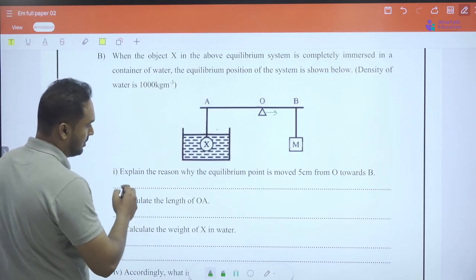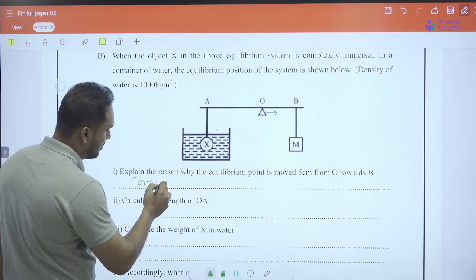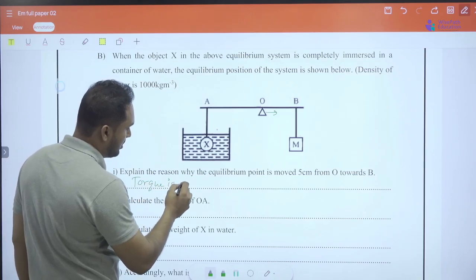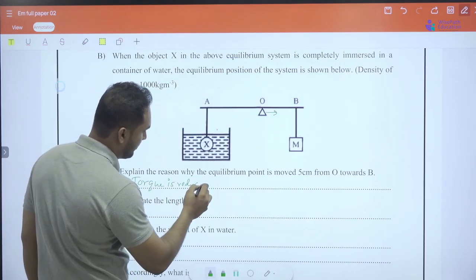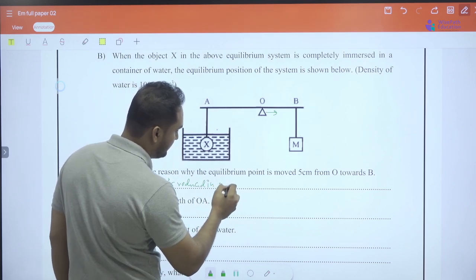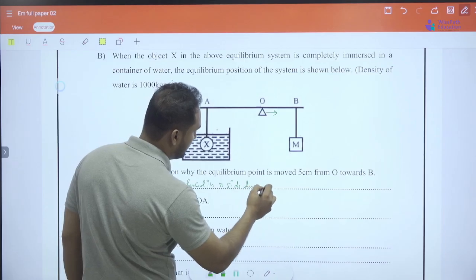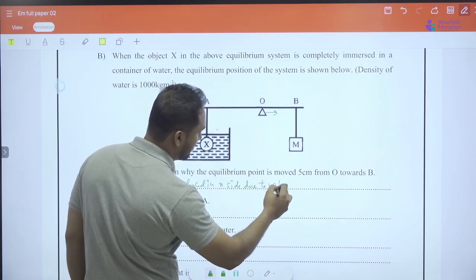So the simple idea is that torque is reduced on the X side due to upthrust.